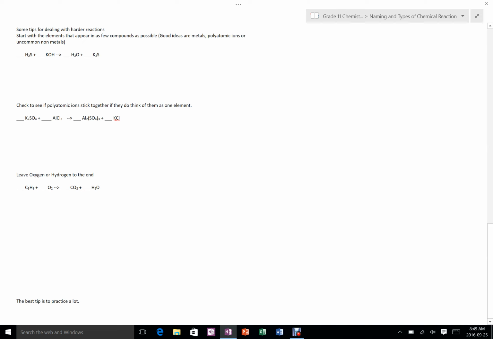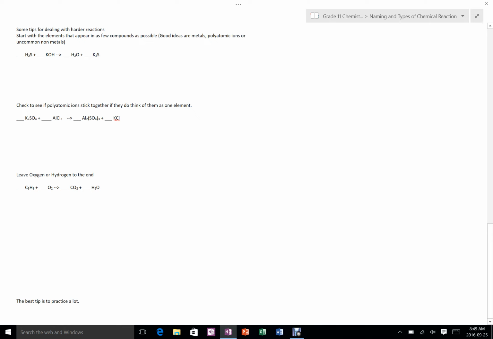When I'm trying to decide who I should start with, I should always start with metals or polyatomic ions or uncommon nonmetals, like the sulfur in this example. The reason is these tend to appear less in the chemical reactions and less of the actual molecules. And what that means is they'll be easier to get balanced first, and they're less likely to get messed up when you go to try and balance other stuff.